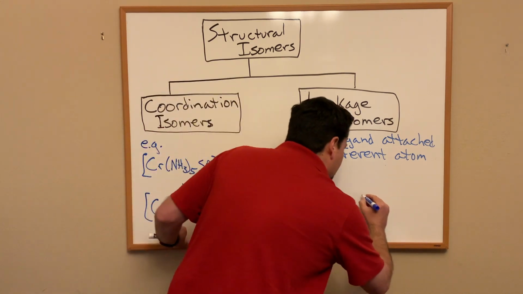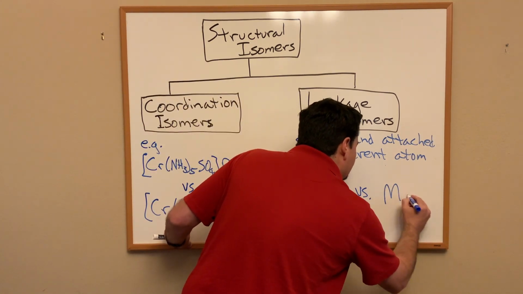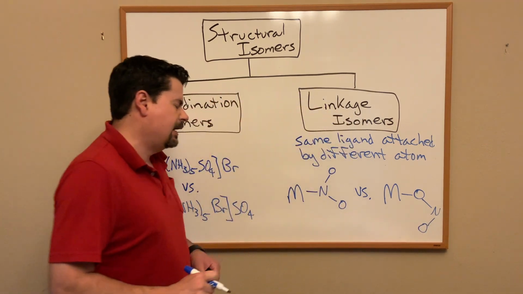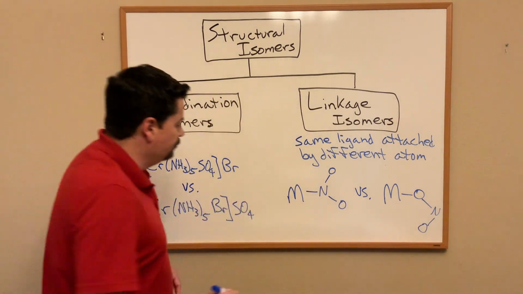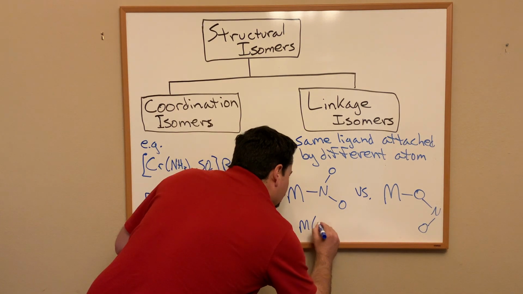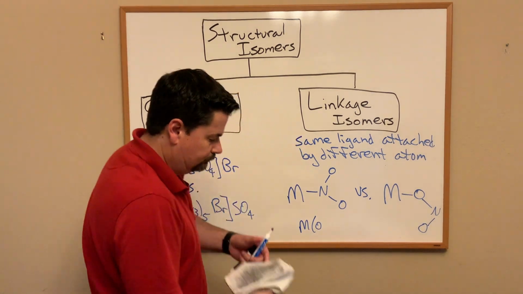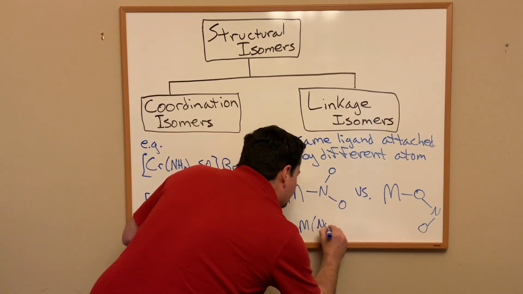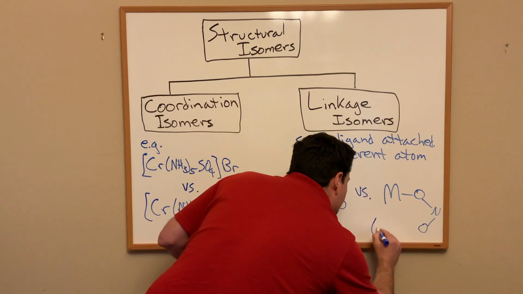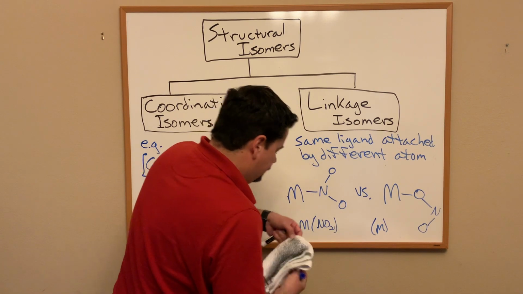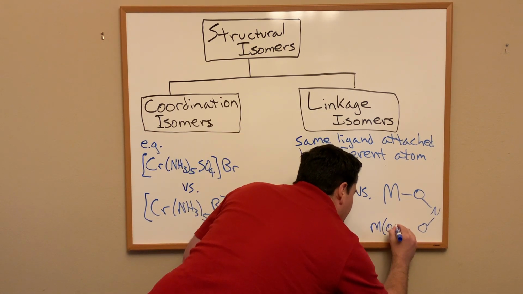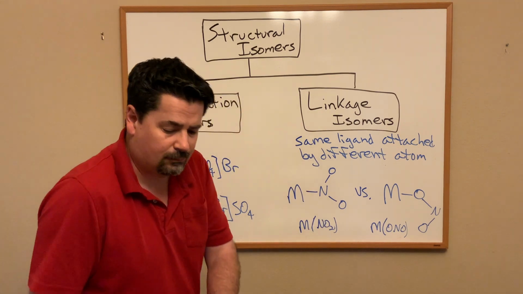metal NO2 versus metal attached to ONO, like that. And so this would be metal, NO2, and this would be metal, the parentheses are not around the M, this would be metal ONO, like that.